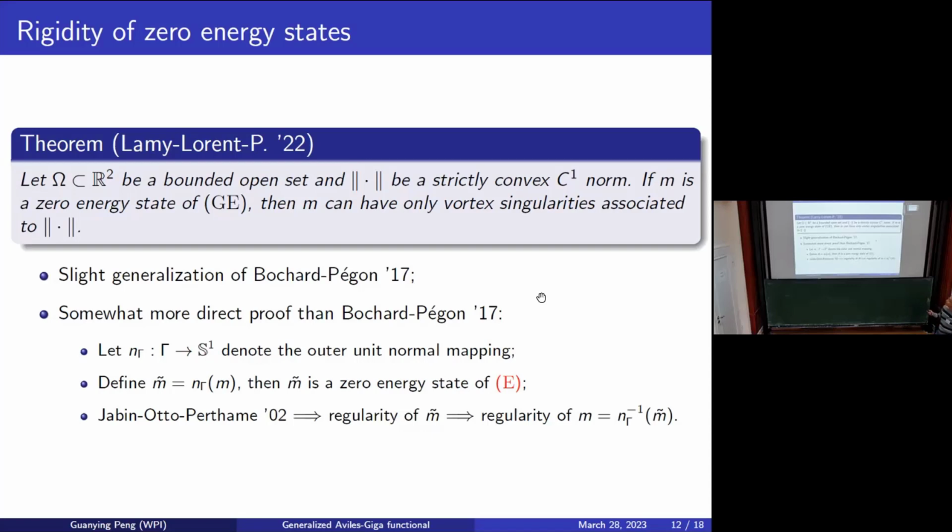By the way, in the case that this norm is of power type P, as in the work of Bochard and Pegon, we recover their regularity result. The map doesn't have to be Lipschitz, because in general we can only expect M to be continuous, not higher.